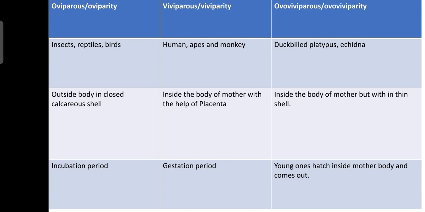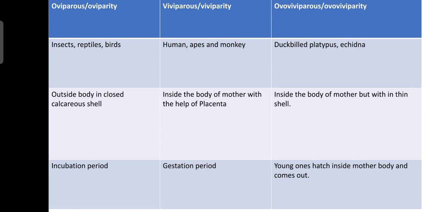Mode of development: in the oviparous condition, the embryo develops outside the body in a closed calcareous shell. In the viviparous condition, the embryo develops inside the body with the help of the placenta. In the ovoviviparous condition, the embryo develops inside the body of the mother but within a thin shell.